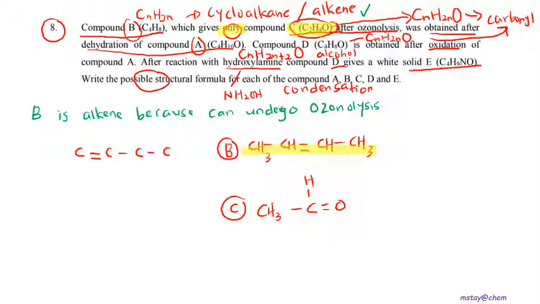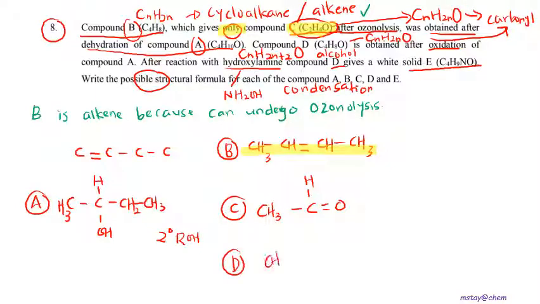And A is dehydrated to give B, so A is an alcohol. Definitely it is a secondary alcohol, CH3CH(OH)CH2CH3. This secondary alcohol undergoes oxidation and will definitely produce a ketone, which is CH3C(=O)CH2CH3.